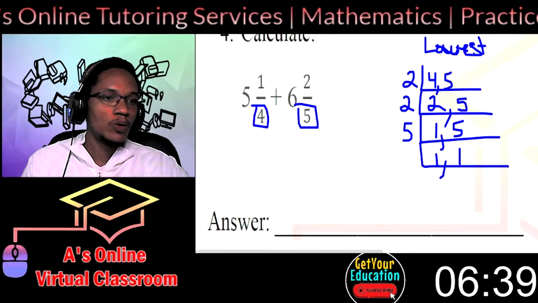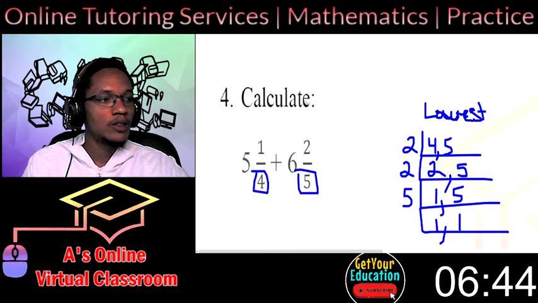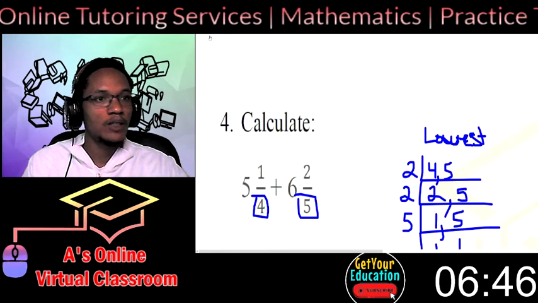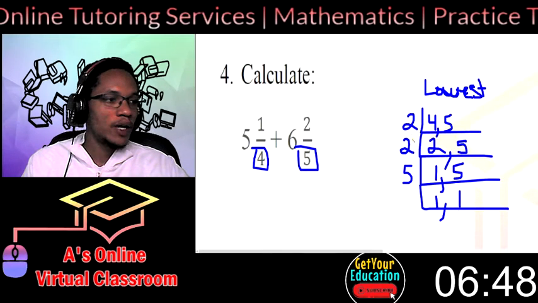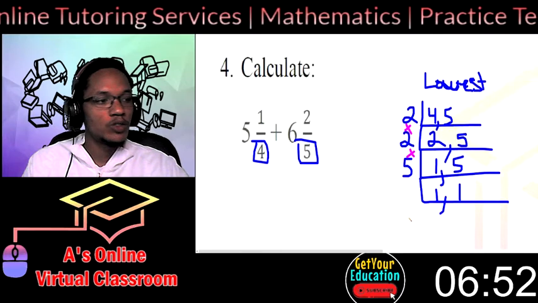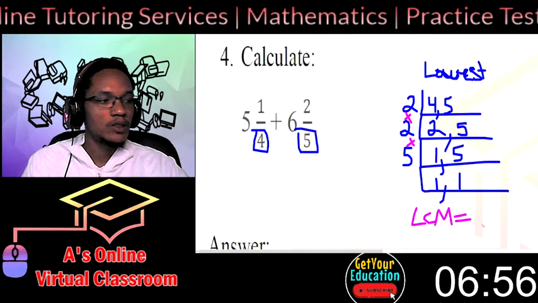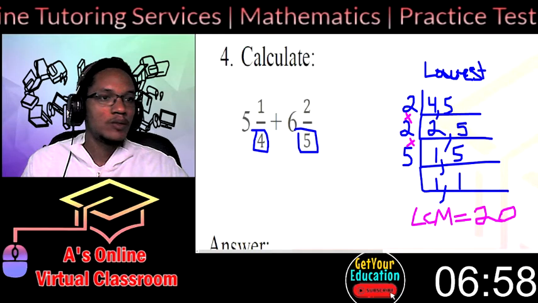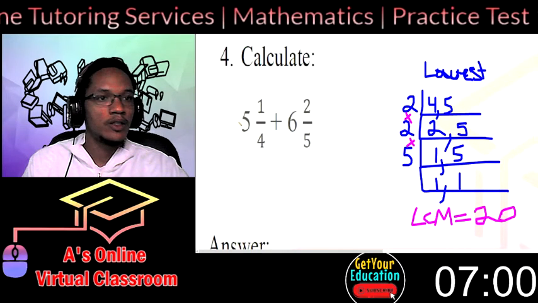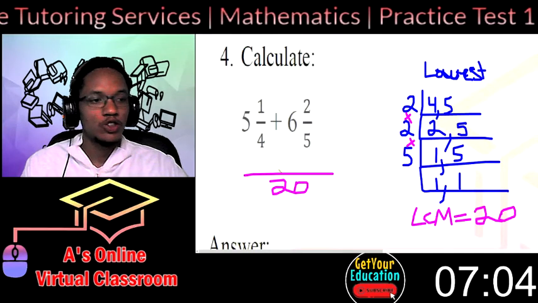So now what we have to do is take these numbers on the outside of the LCM part and multiply them to get the LCM. 2 by 2 is 4, times 5 is 20. So we have an LCM, so we're going to change our denominator to the common number, 20.